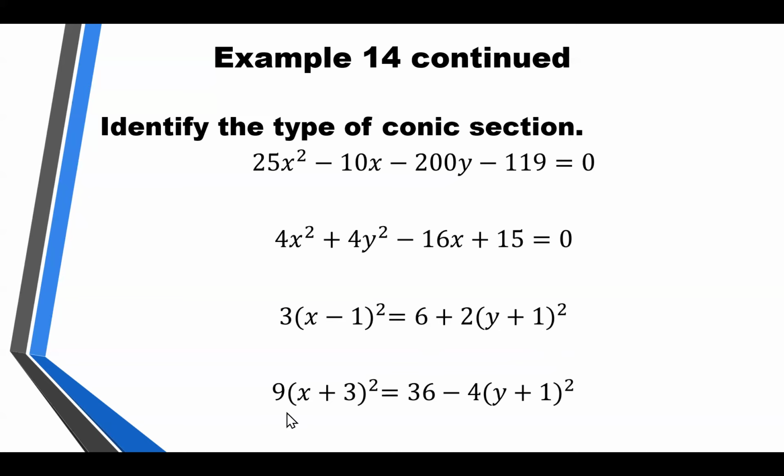In a similar fashion, we have 9 times the quantity x plus 3 squared on one side. And on the other side, I have a minus 4 times the quantity y plus 1 squared.